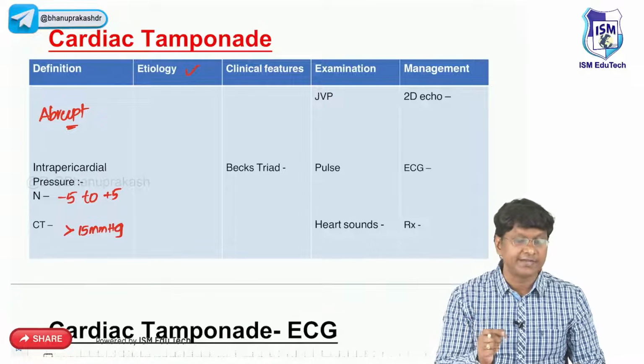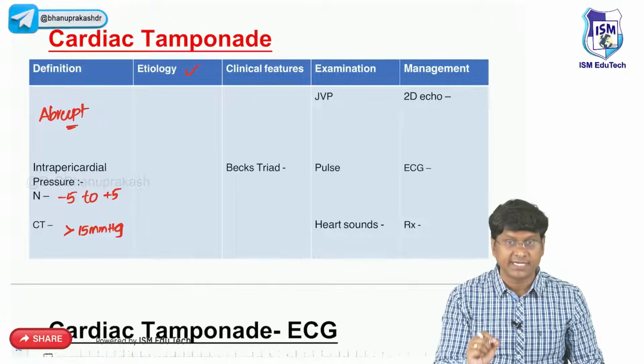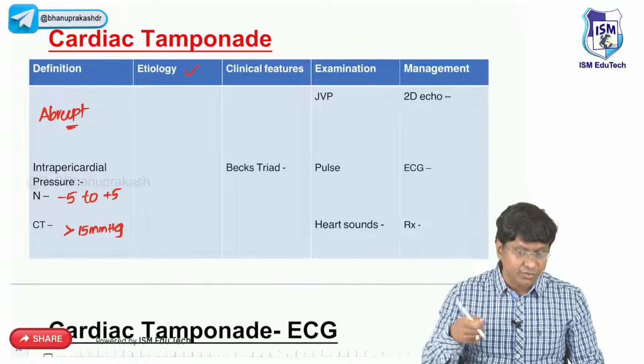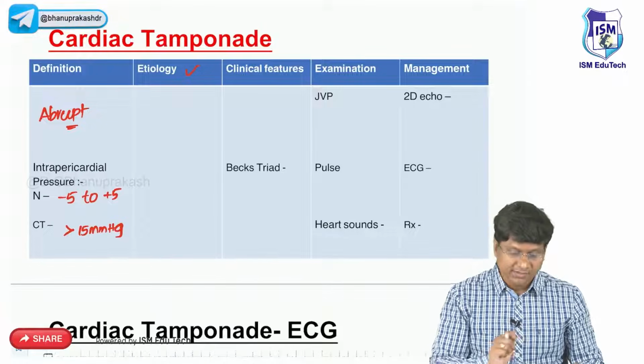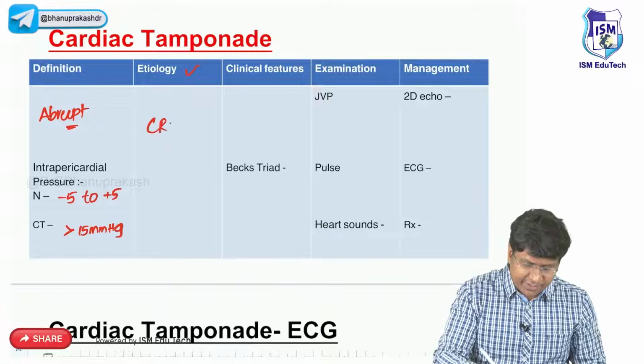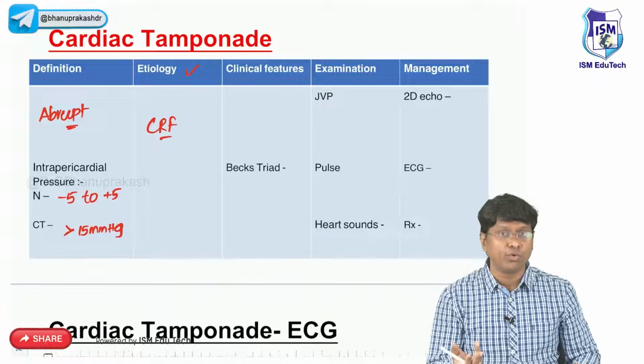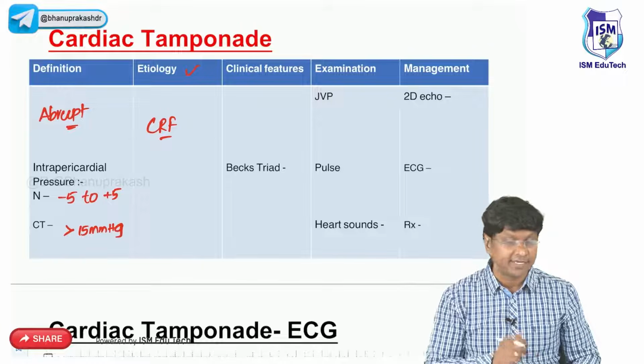It can occur secondary to chest trauma, secondary to rupture of an aortic aneurysm, or secondary to penetrating trauma to the chest. These can cause cardiac tamponade. Not only that, cardiac tamponade can also be seen in chronic renal failure, where due to fluid overload there can even be cardiac tamponade.